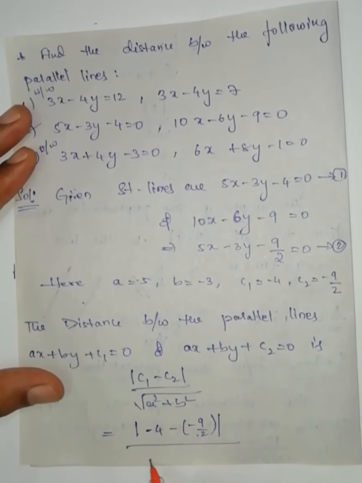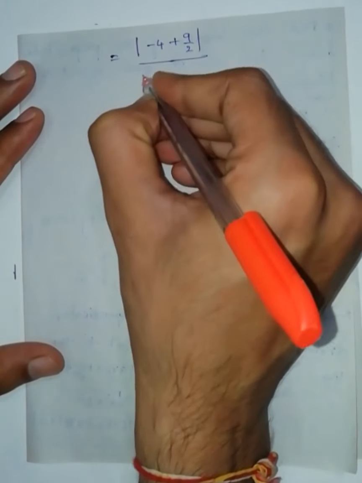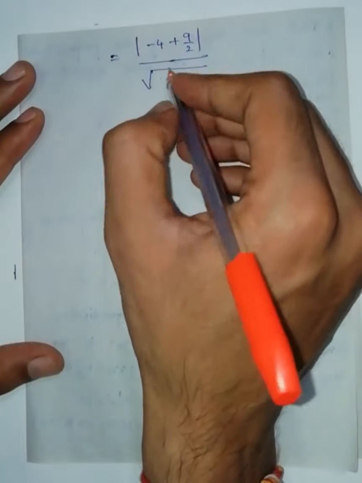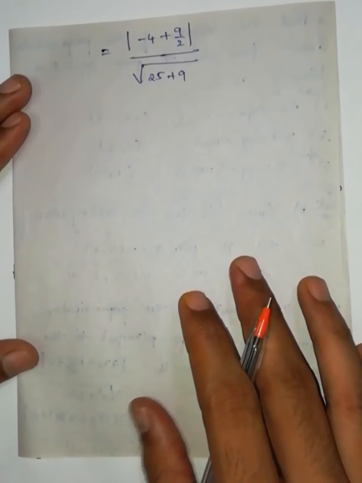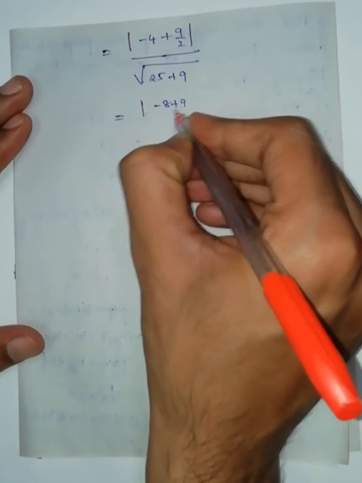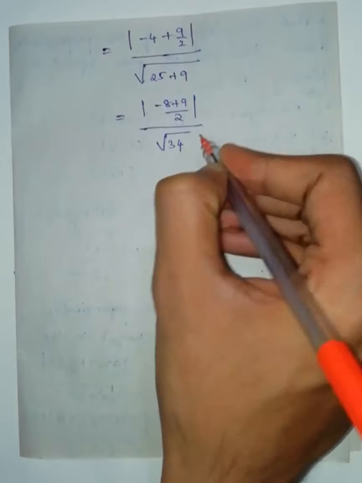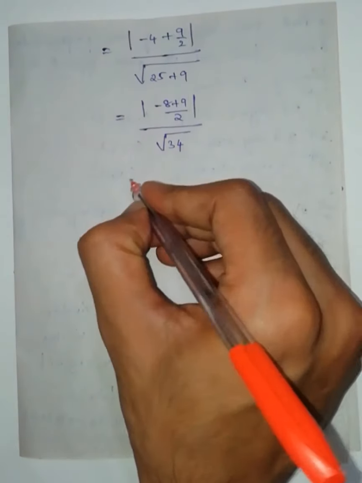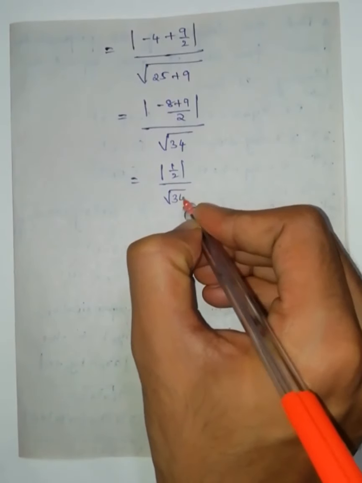This one can be written as modulus of minus 4 plus 9 by 2 by under root 25 plus 9, which is equal to modulus of minus 8 plus 9 by 2 by under root 34, which is equal to modulus of 1 by 2 by under root 34.